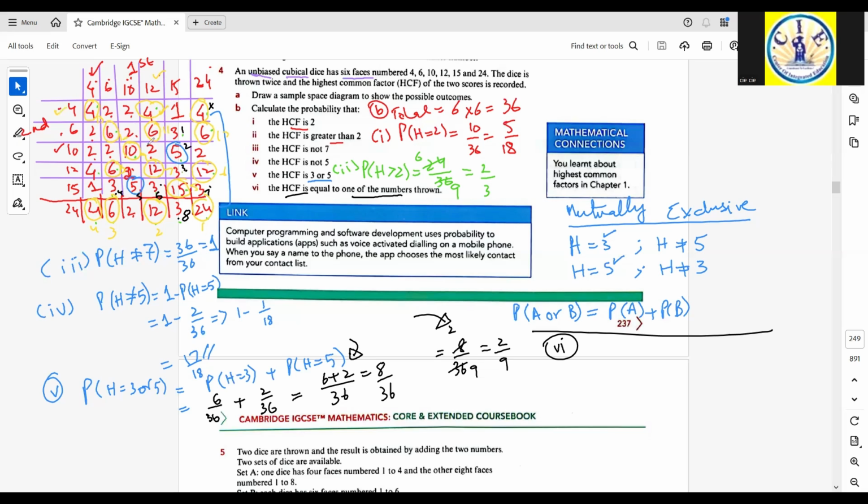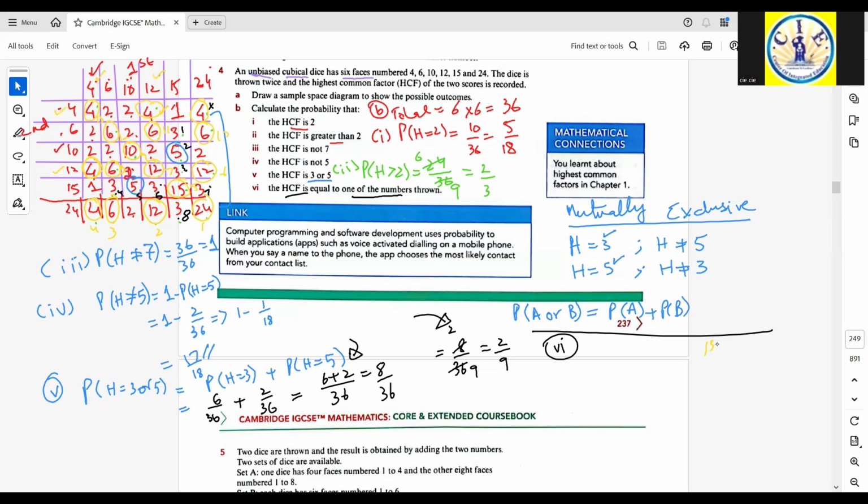This one, because that was 4 and 12. So all together we are having 13 and then plus 3, 16.